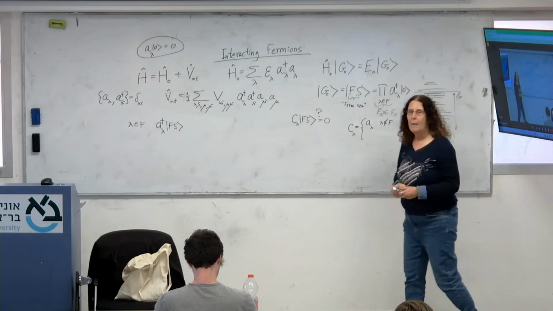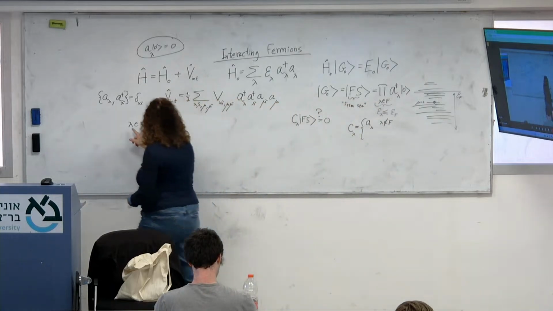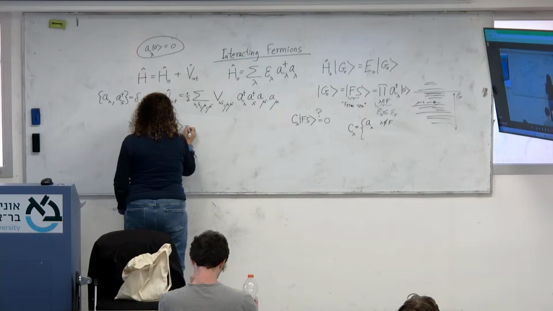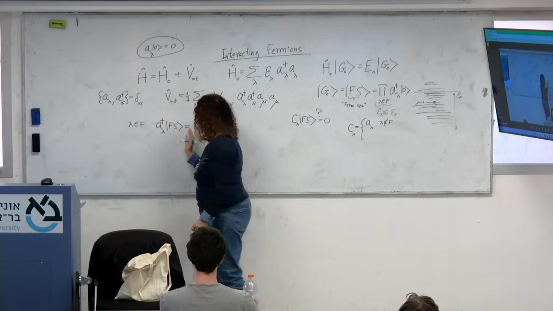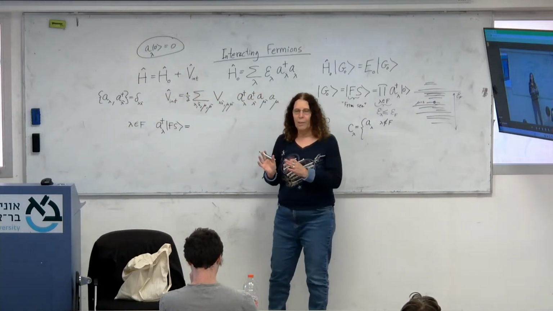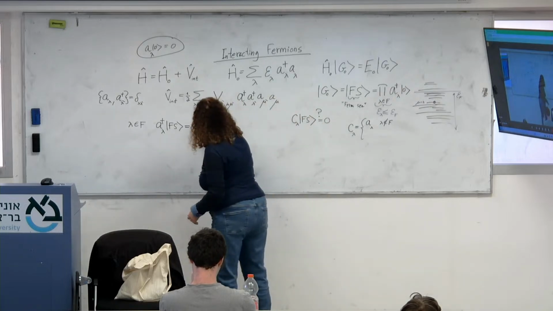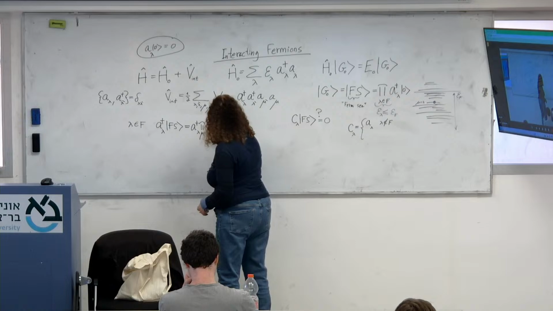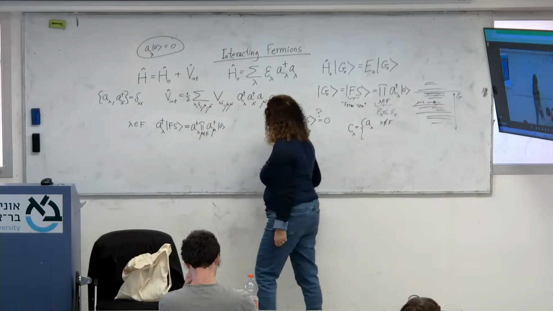Okay, but if lambda belongs to F, let's see what we get. Once again, we reshuffle it through all the, let me first write down the explicit form of the state.